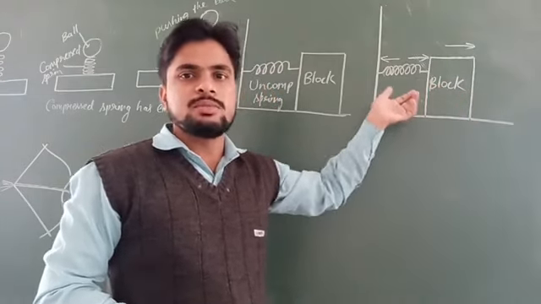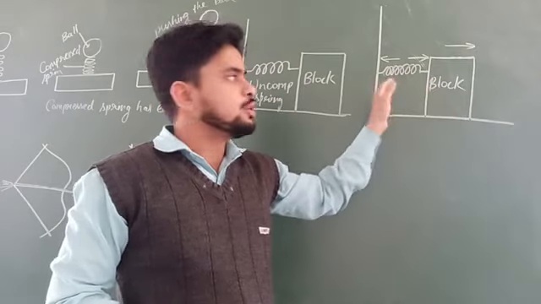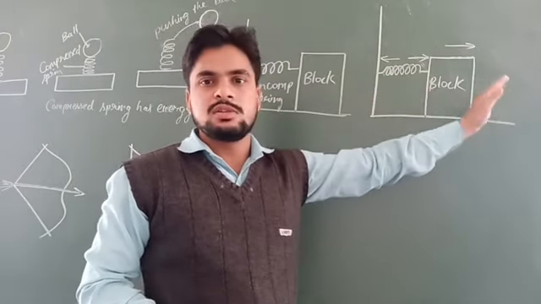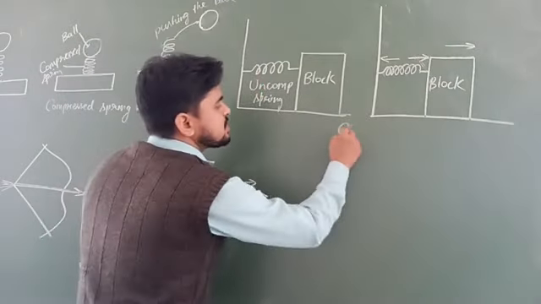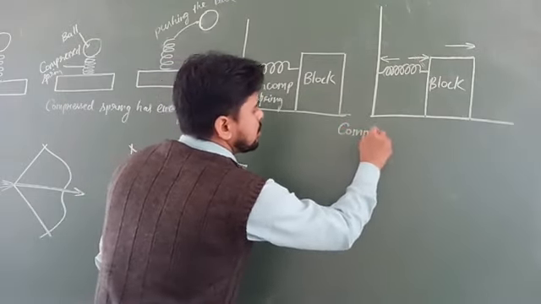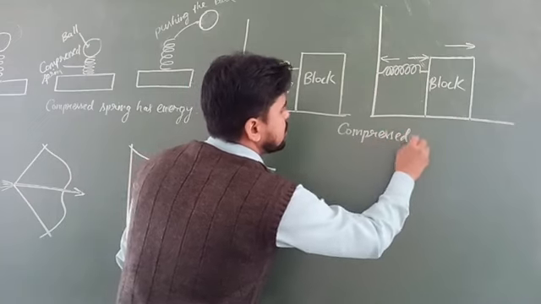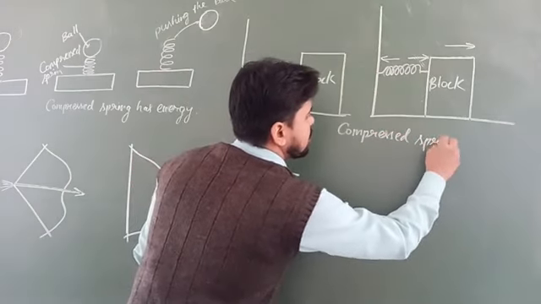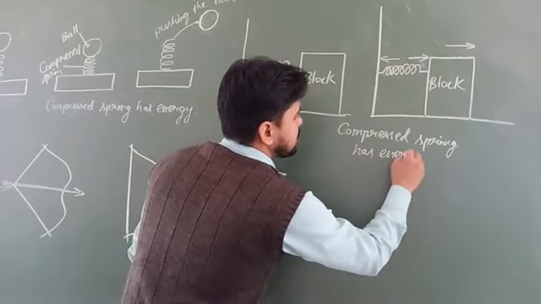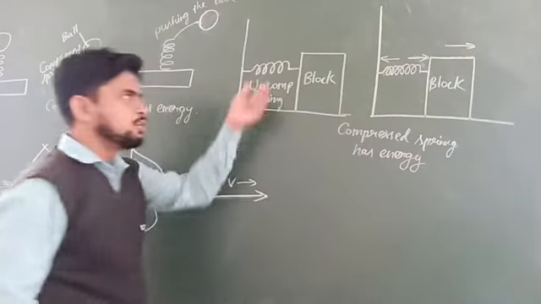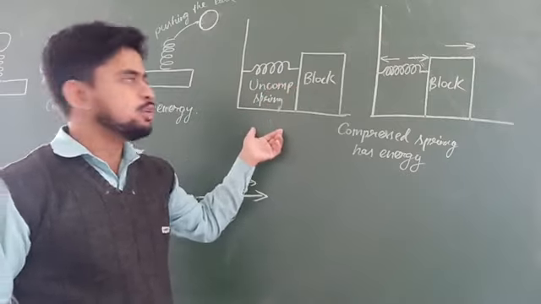Because it tries to maintain its original shape and size, due to which the block is pushed forward. So we can say again, compressed spring has energy, while the original spring has no energy.